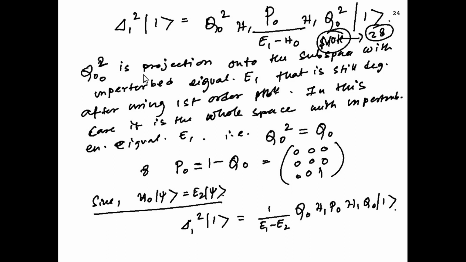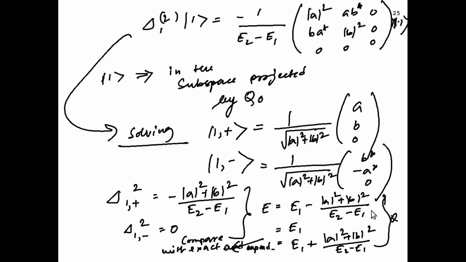Q naught is the projection onto the subspace with unperturbed eigenvalue E1, which is still degenerate after first order perturbation, and in this case it is basically the whole space of the unperturbed eigenvalue E1. So Q naught squared is simply Q naught in this problem, and P naught is something which you add to it to give identity, and that's this form. You plug in all the forms of Q naught and P naught, and after some algebra you will get this.